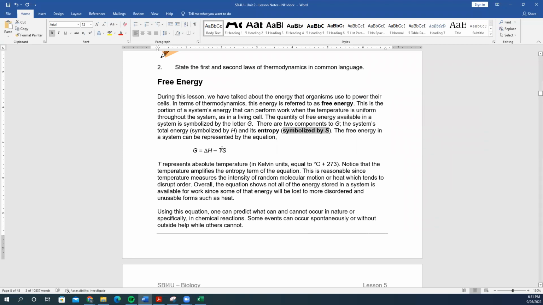An unusable form, which is heat. So this TS factor is always taking away from our free energy. It's delta H, and a certain amount of it is lost to heat and entropy.